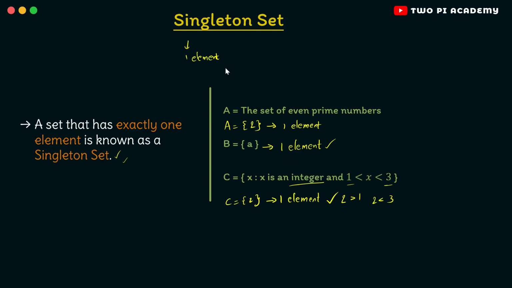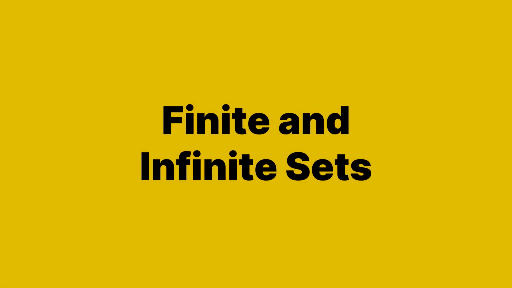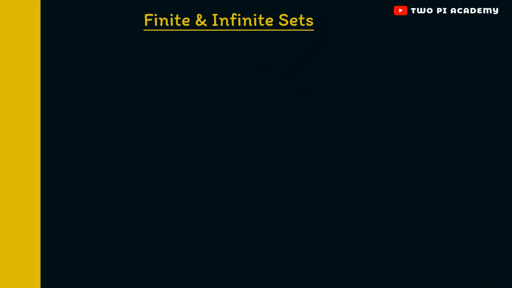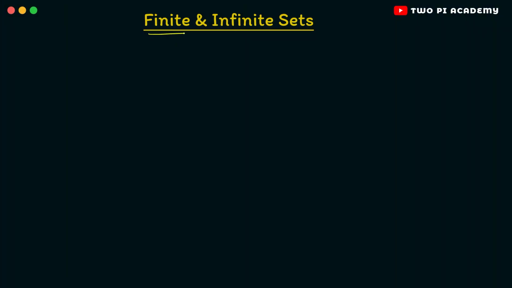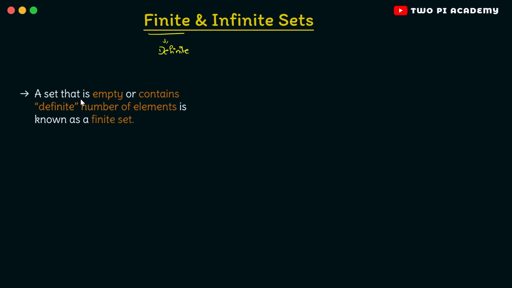Now let's move on to the next topic, that is finite and infinite sets. So here, what does the word finite mean? Finite means that there is a definite number of elements in the set, which means that you can get a fixed number of elements in the set. A set that is empty or contains a definite number of elements is known as a finite set.